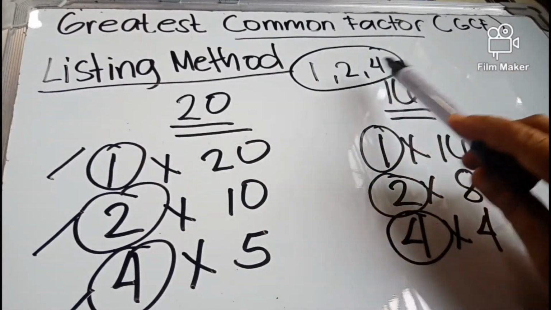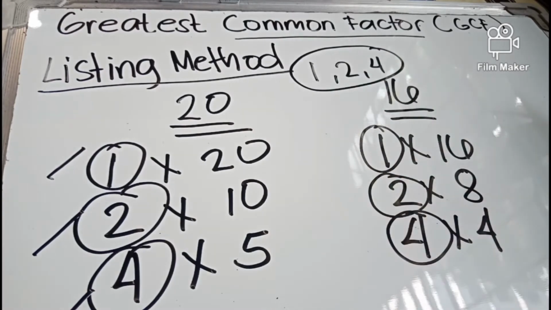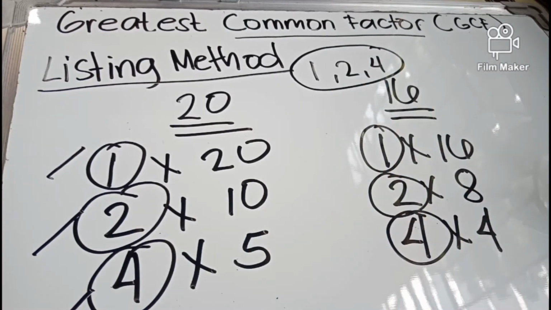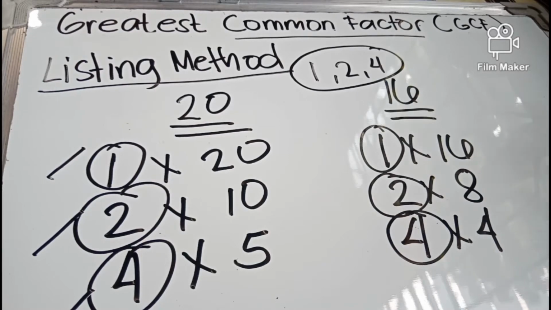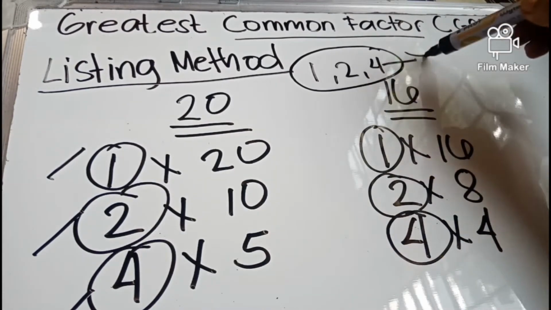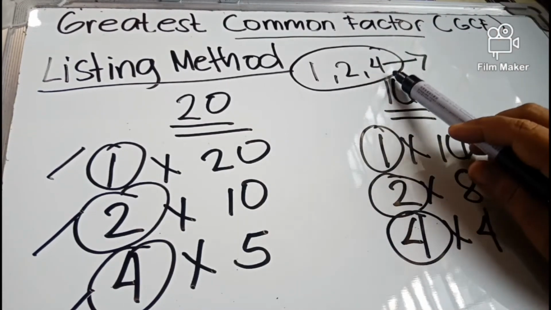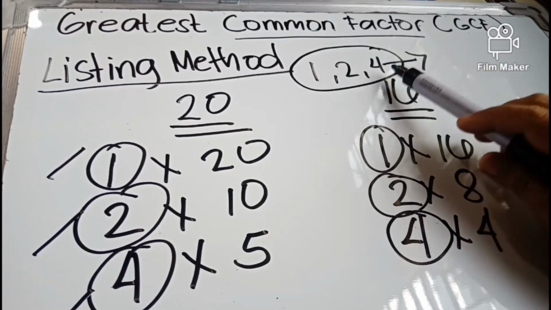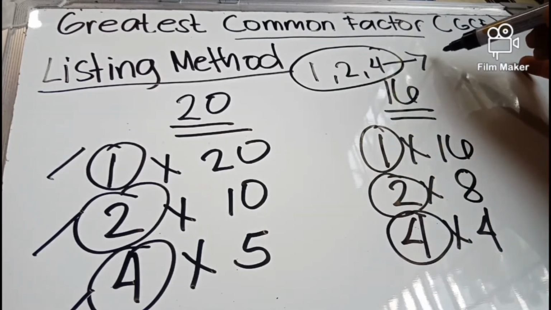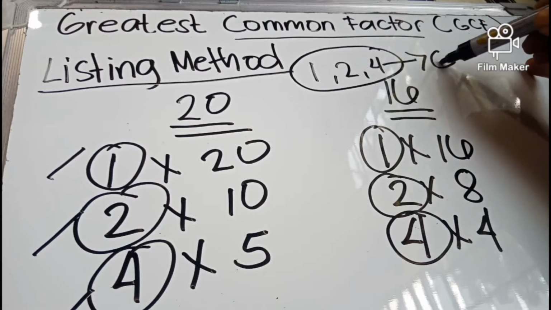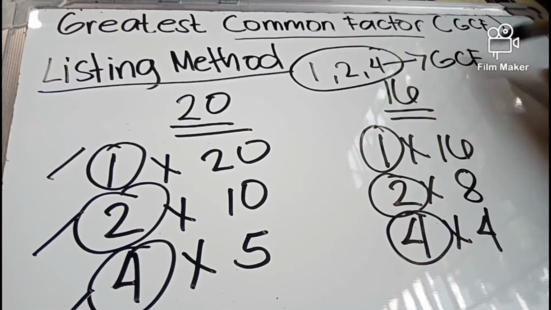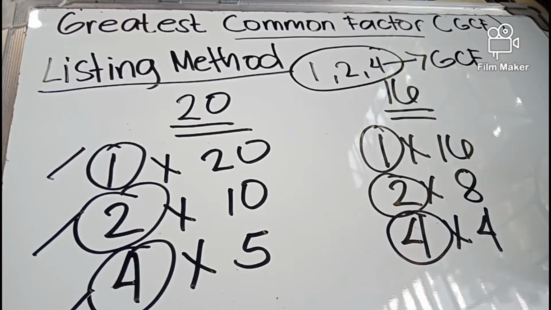Sa tatlong common, alin ba dito yung pinakamalaki or mas mataas? Of course, it is number 4. Dahil number 4 yung pinakamalaki or mas mataas na common factor, ito yung tinatawag natin na GCF or greatest common factors.